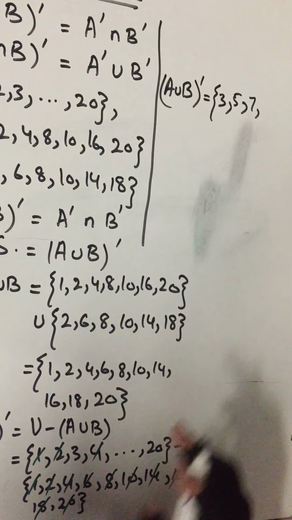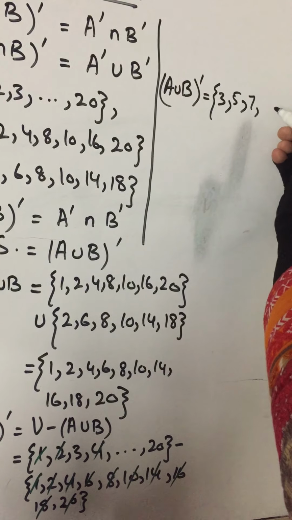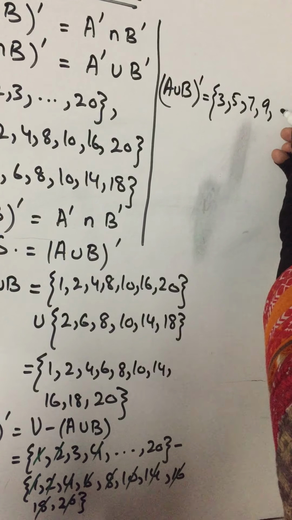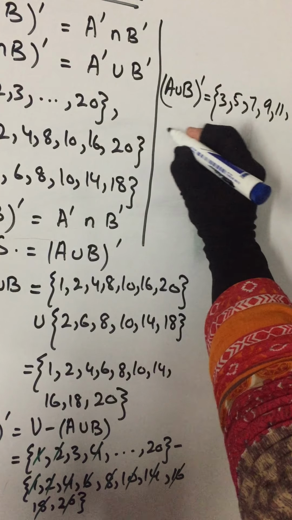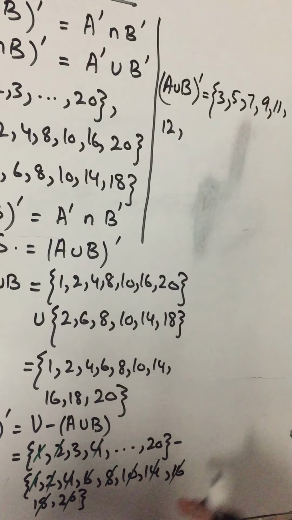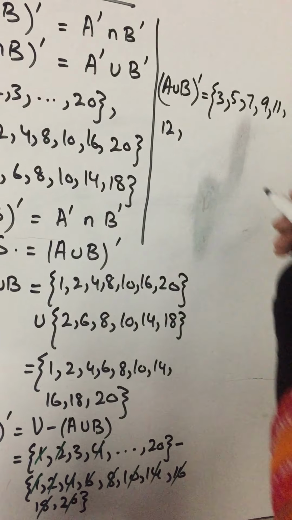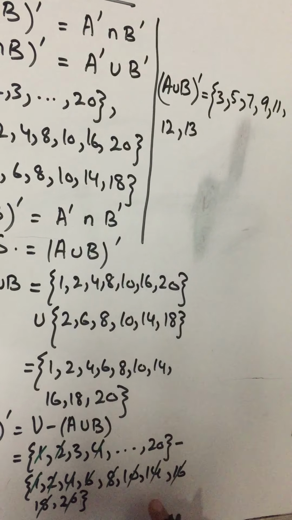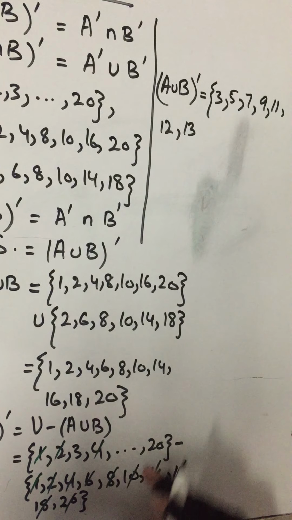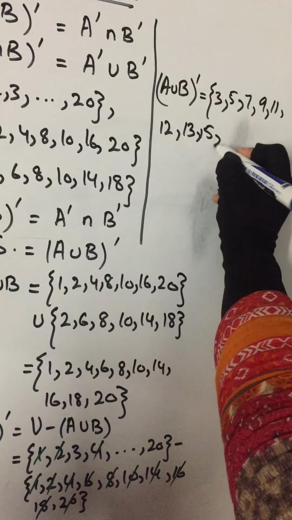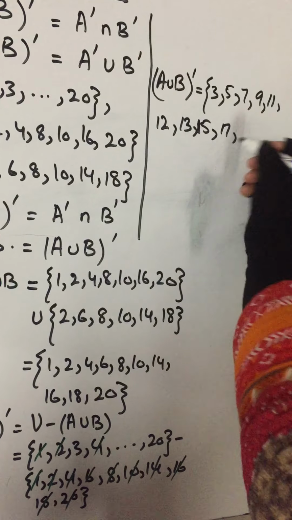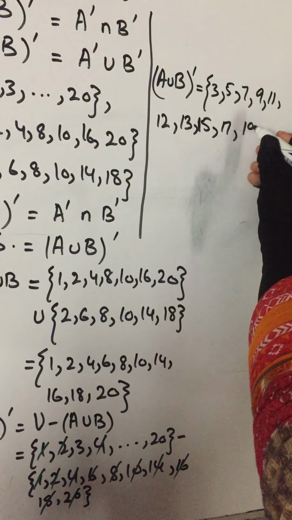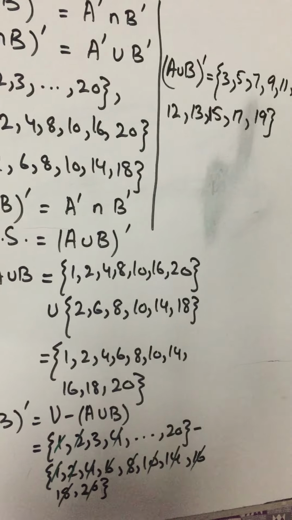You can see over here. 8 cancel, then 9, 10 cancel, 11 and 12 and 13 here, 14 is cut here, then 15, okay, 16 cut here, then 17, 18 cut here, then 19, right?